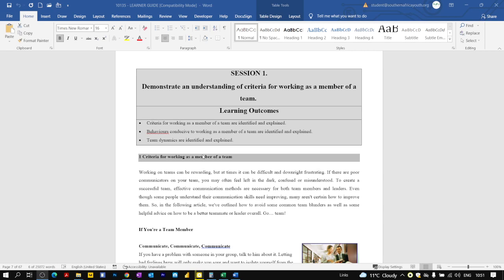Even though some people understand their communication skills need improving, many are still uncertain how to improve them. So in this lesson, we'll outline how to be a good team member and even a team leader.